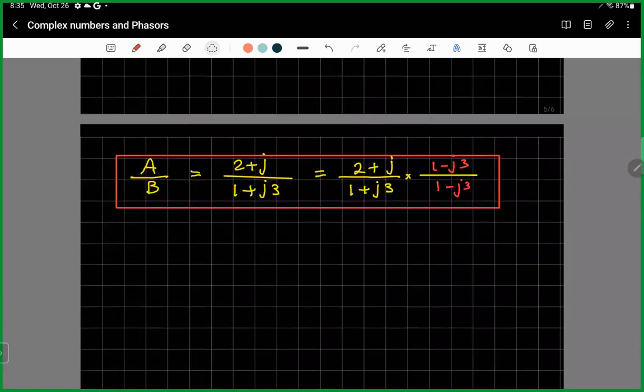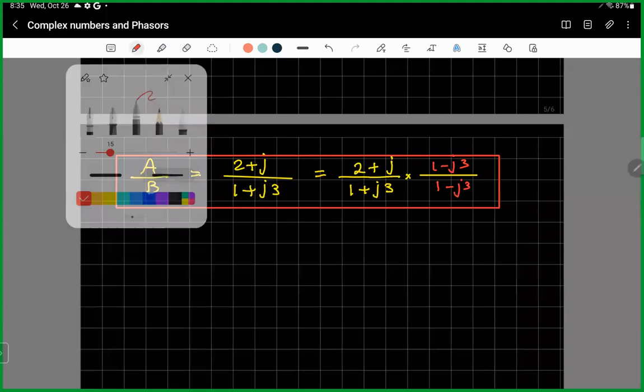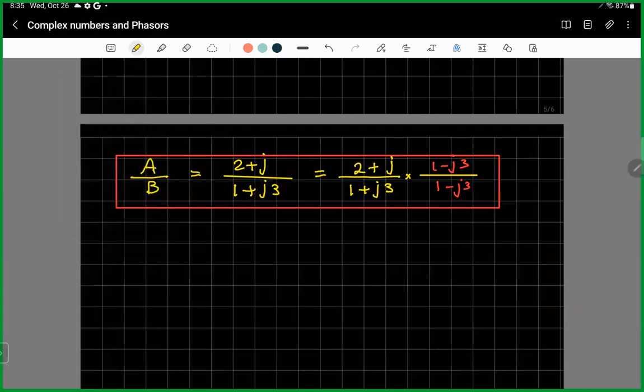So now the problem is originally dividing 2 plus j over 1 plus j3. I don't like the bottom bar. So I want to change the whole thing to one number, so I multiply by the conjugate. As we know from previous, when you multiply any number by its conjugate, you get the real part and the imaginary part, square them, add them.